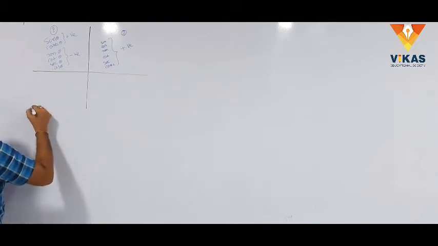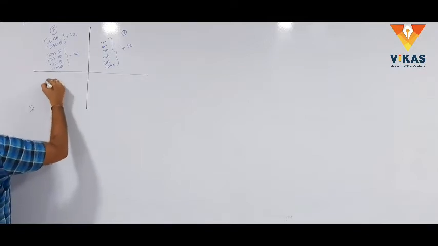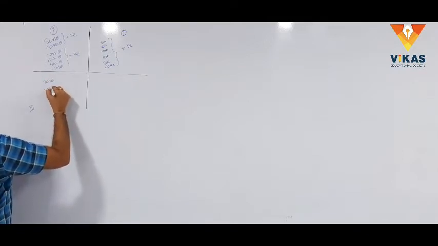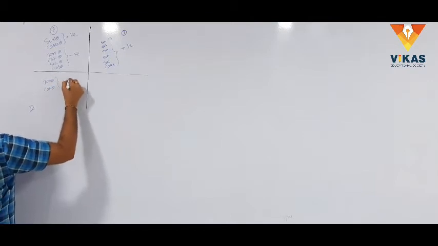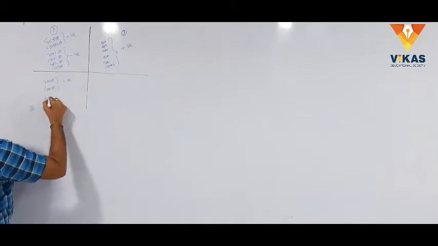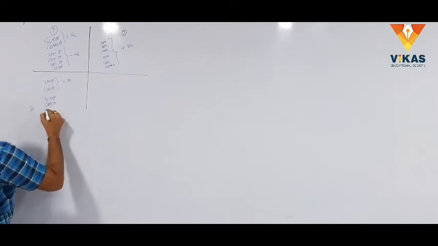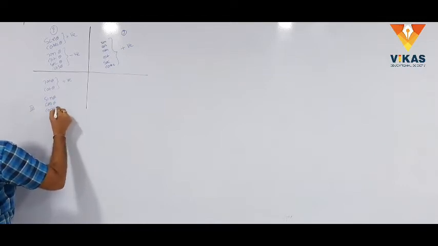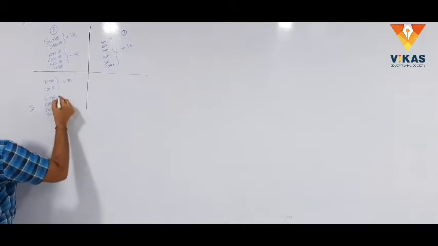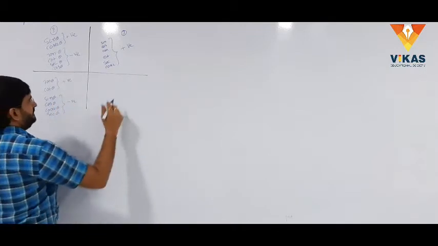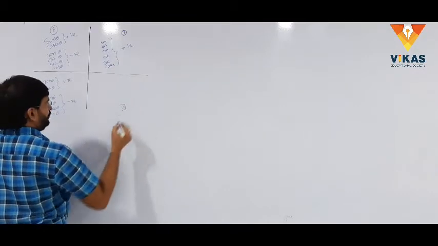In the third quadrant, tan theta and cot theta are positive. Sin theta, cos theta, cosecant theta, secant theta are negative. This is the fourth quadrant.